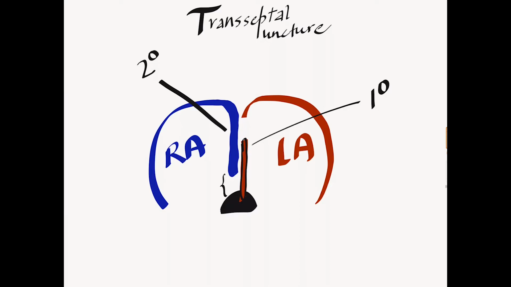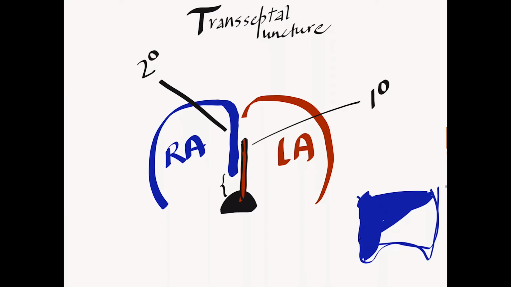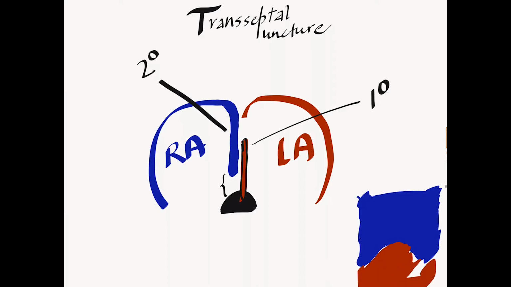If you look at the same thing face on, how it would look like. So that's your septum secundum. We are looking at the septum from the right atrial side, and this red one is behind it. That's part of the septum primum.